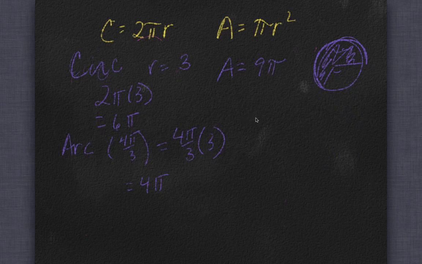And if I asked you for that, then you would just do 1/2 times the angle, 4 pi over 3, times r squared. 9 over 3 is 3, 4 over 2 is 2, so 2 times 3 times pi, and that's your answer.